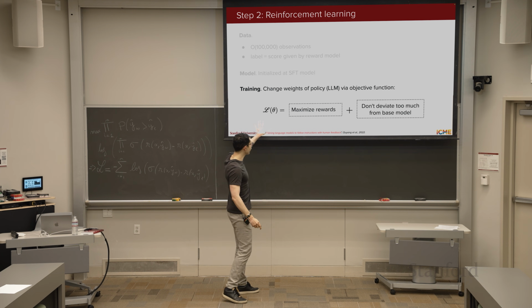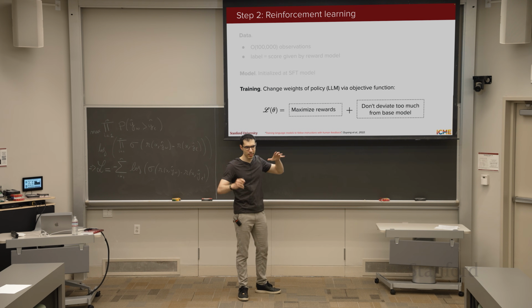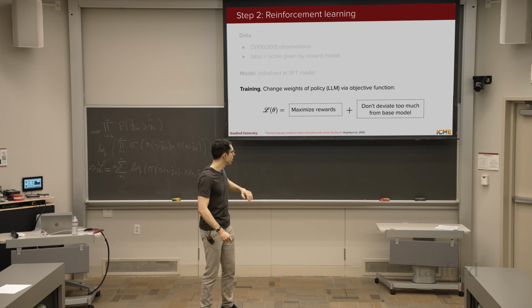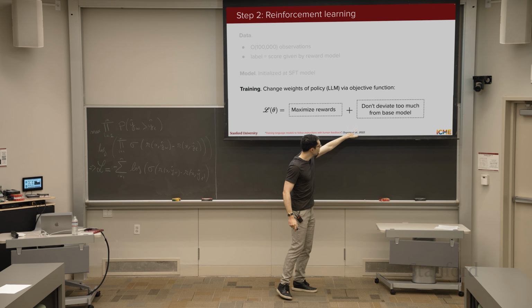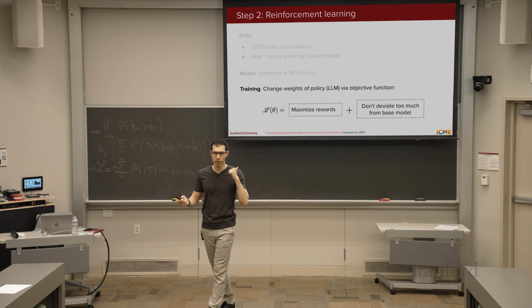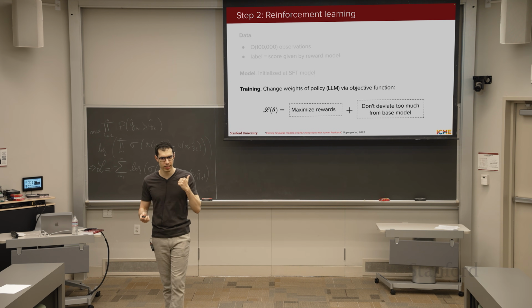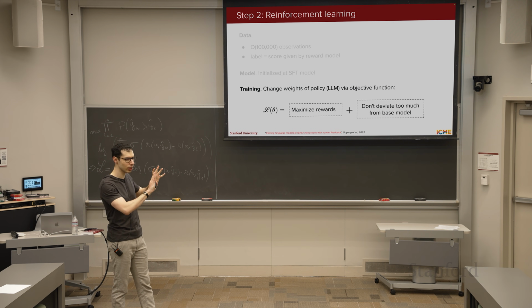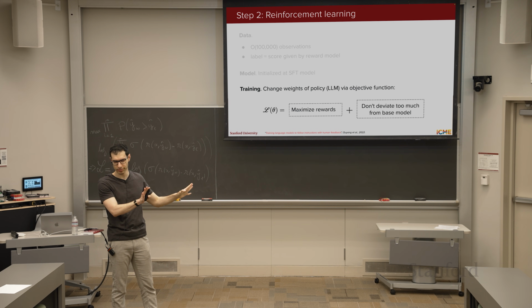The loss function will try to maximize the rewards, but also to not have you deviate too much from the base model. We're going to see exactly how we can do that, but that's the idea of how our loss function will look. It will have these two parts. Sounds good?